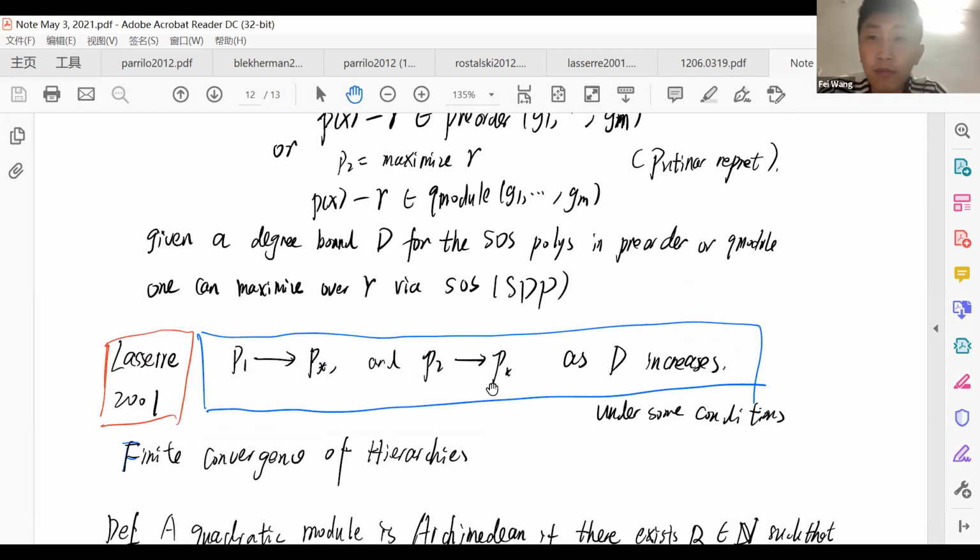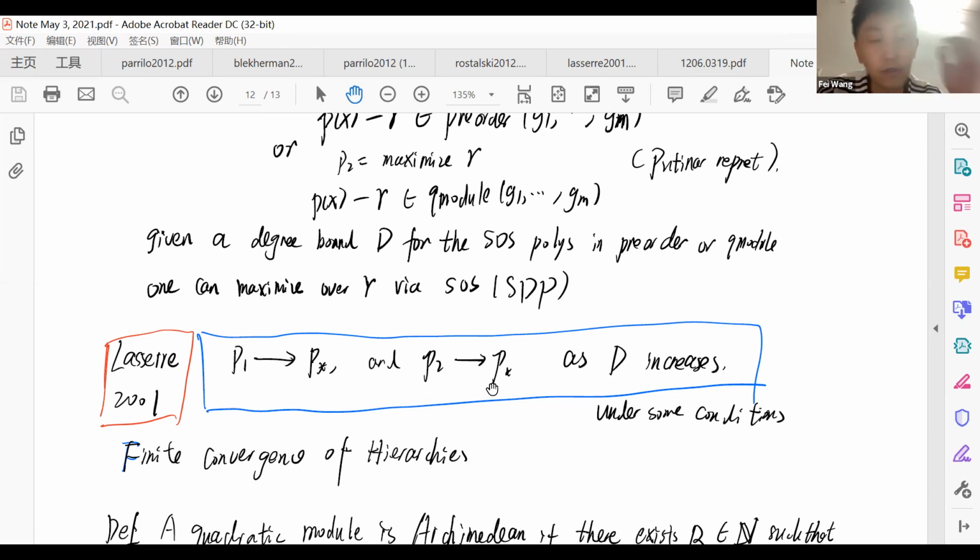But it could be arbitrarily close. There's no guarantee that this will stop at some finite degree d. You keep increasing the degree bound d and get better approximations, but you may never actually reach the global optimum.